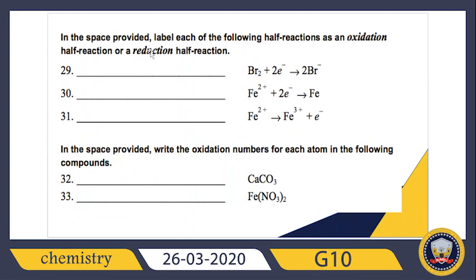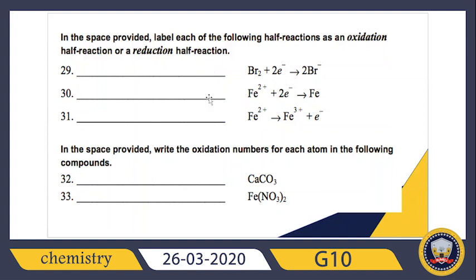Now, in the space provided, label each of the following half reactions as an oxidation half reaction or a reduction half reaction. So what is this, oxidation or reduction? You can see here, it is obvious. I will give you a second to think. This one, 29, it is what? Reduction. You see, gaining of electrons. Let's continue.